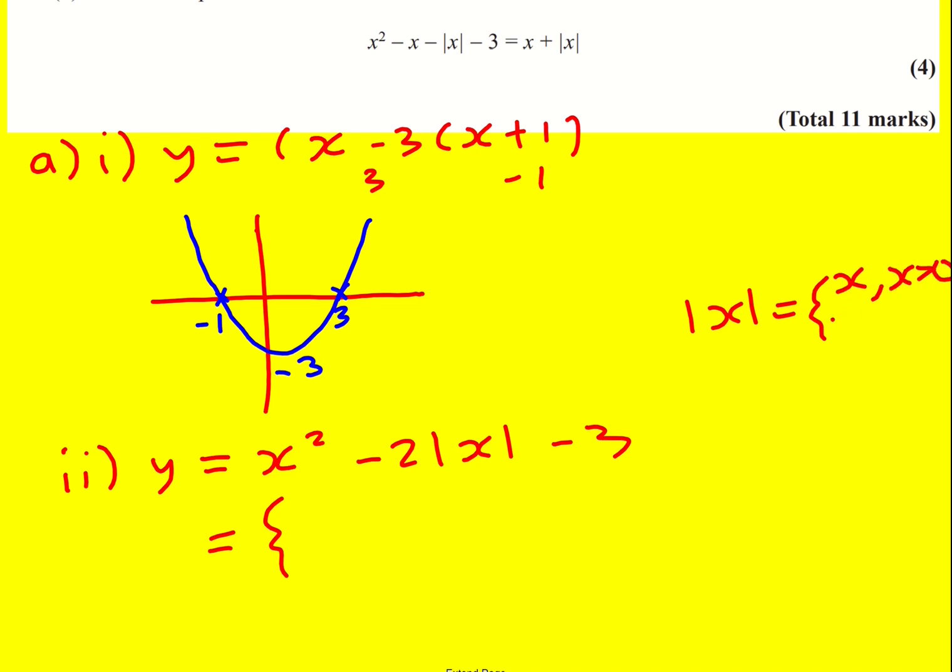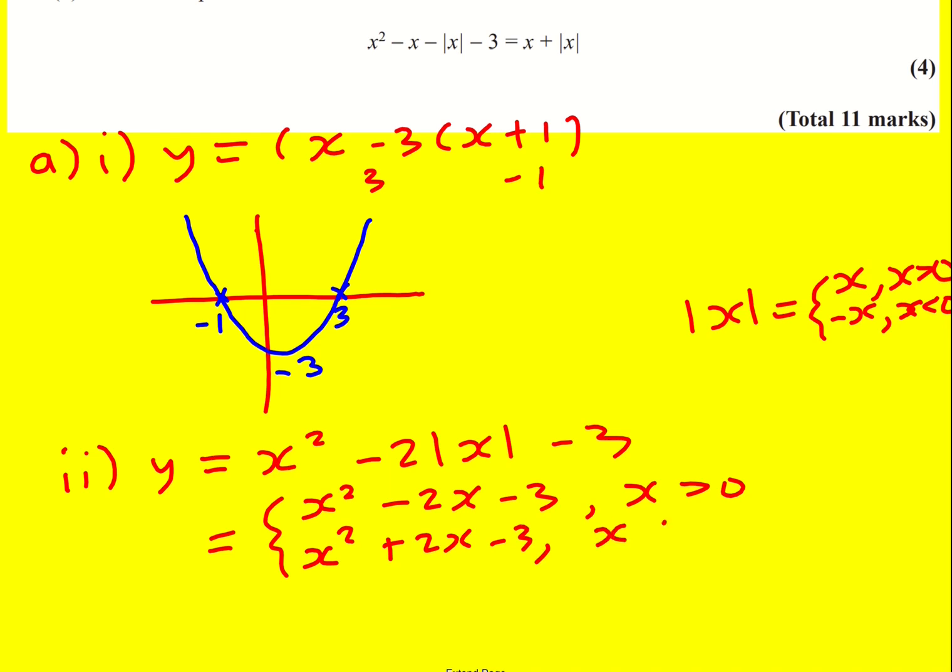And when it's less than 0, we get minus x, because then that ensures we get a positive result. If, for example, x is minus 3, we get minus minus 3. So I can split it into these two parts. I'm going to get x squared minus 2x minus 3 for x greater than 0, which is the same as above, in fact. I'm going to get x squared plus 2x minus 3 for x less than 0.